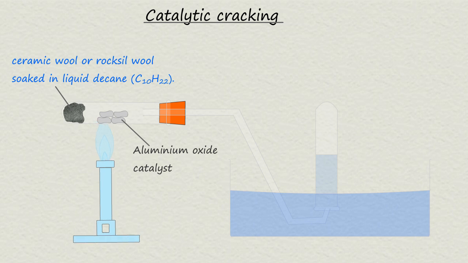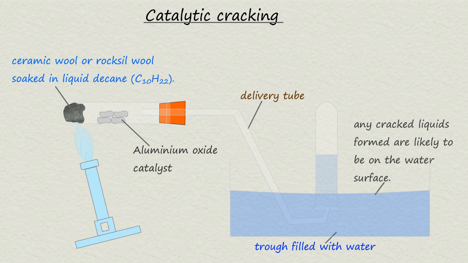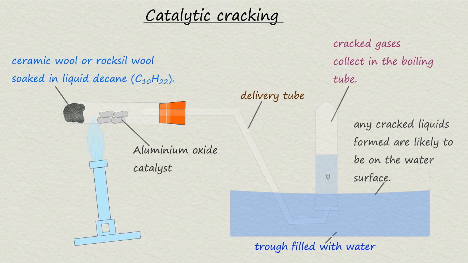The liquid decane will then be vaporized, and once the hot vapors pass over the catalyst, they will be cracked. Now, the cracked molecules will pass down the delivery tube and into the trough, which is filled with water. If any of the cracked molecules are liquid, they are likely to be found on the water surface, but any cracked molecules which are gases can be collected in the boiling tube as shown.